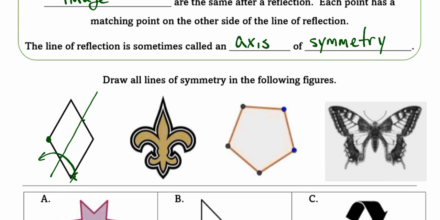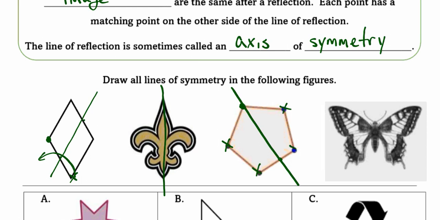The New Orleans Saints logo has one line of symmetry just cutting straight down from top to bottom. Every regular polygon has an easy way to figure out how many lines of reflection it has. So for this pentagon, we can go from one vertex across the shape through the middle of the other side and create a line of symmetry there. That point would flip over the line of reflection onto that point.